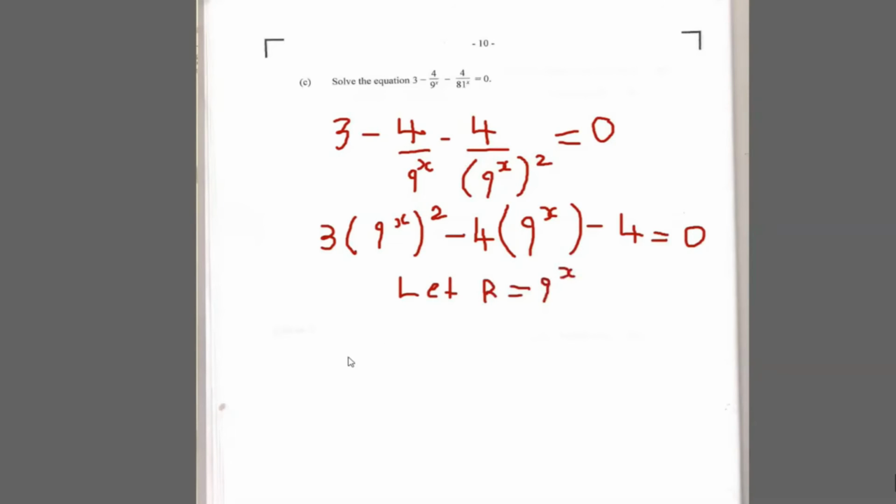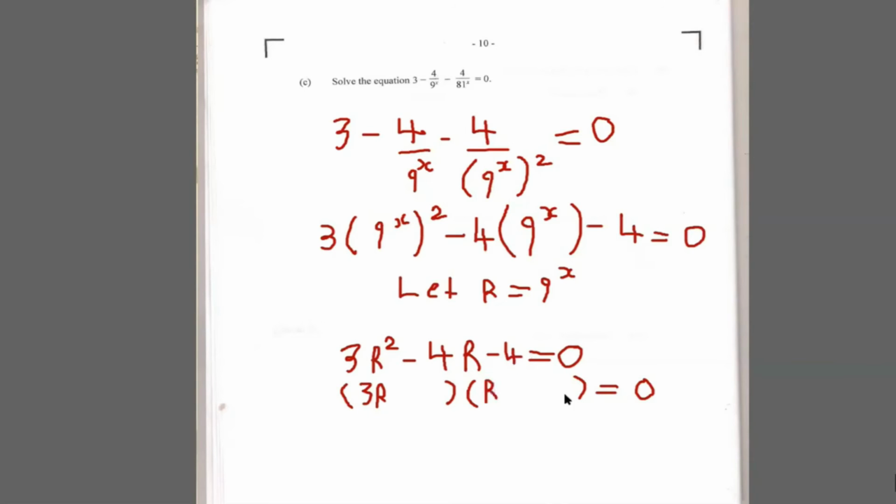And so what we have is 3r squared minus 4r minus 4, and this is equal to 0. Nice and easy. So what you do now is you factorize. So what we're going to have is 3r times r.